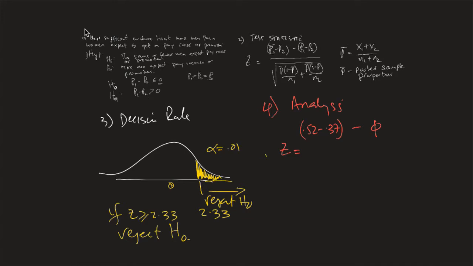So in case you wonder where the 0 comes from, it's the null hypothesis. Then the standard error, which is the square root of 0.52 times 0.48 over 200 plus 0.37 times 0.63 over 200.